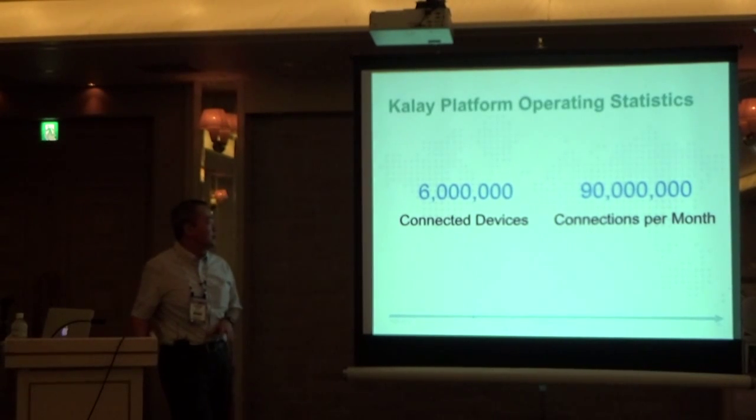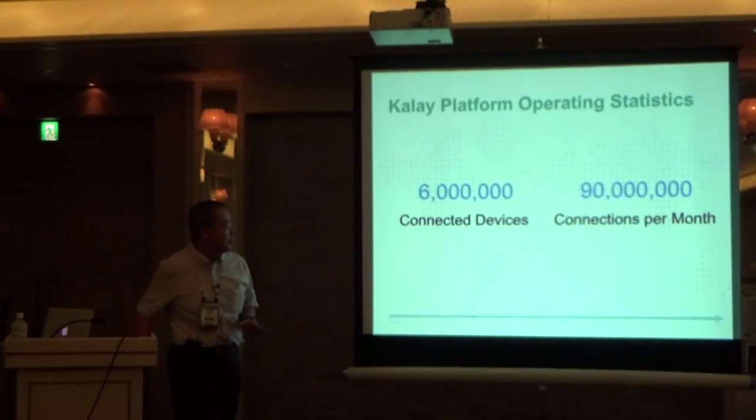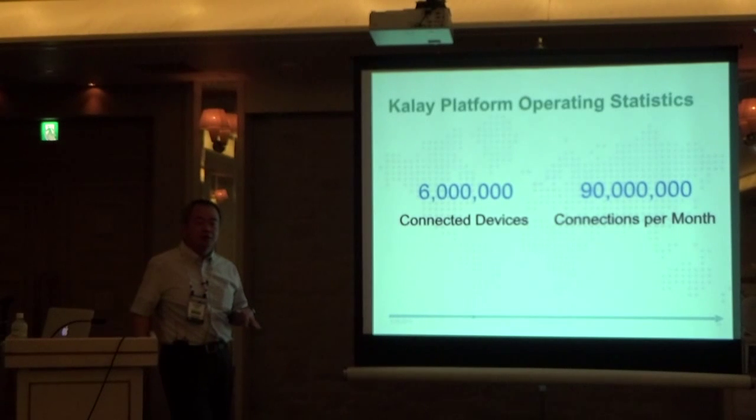For our platform, this number is coming from just May. So far we already have over 6 million devices connecting on our platform. About 50 to 60% of these devices are surveillance systems or IP cameras, and some of them are storage devices, NAS, and also NVR, DVR, and about 10 to 20% are smart home devices. But the smart home devices are growing more now.